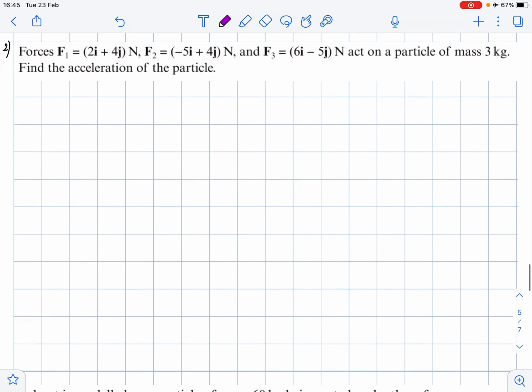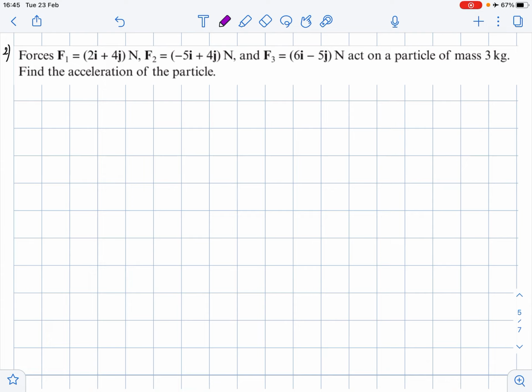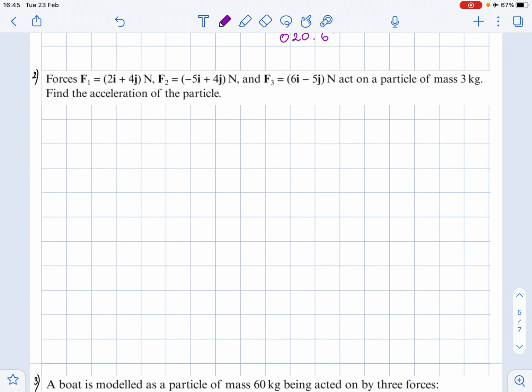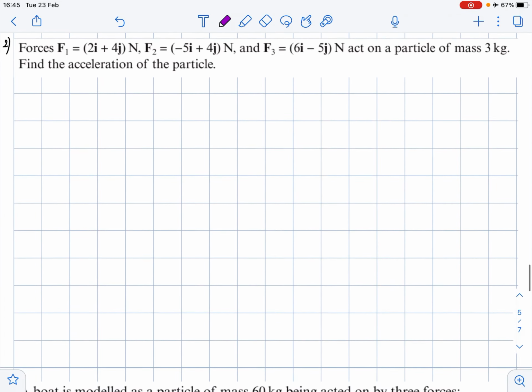Let's look at the second example. We have force 1, which has the vector 2i plus 4j, force 2, minus 5i plus 4j, and force 3, 6i minus 5j, acting on a particle of mass 3. Again, we always start by writing out Newton's second law: force equals mass times acceleration.